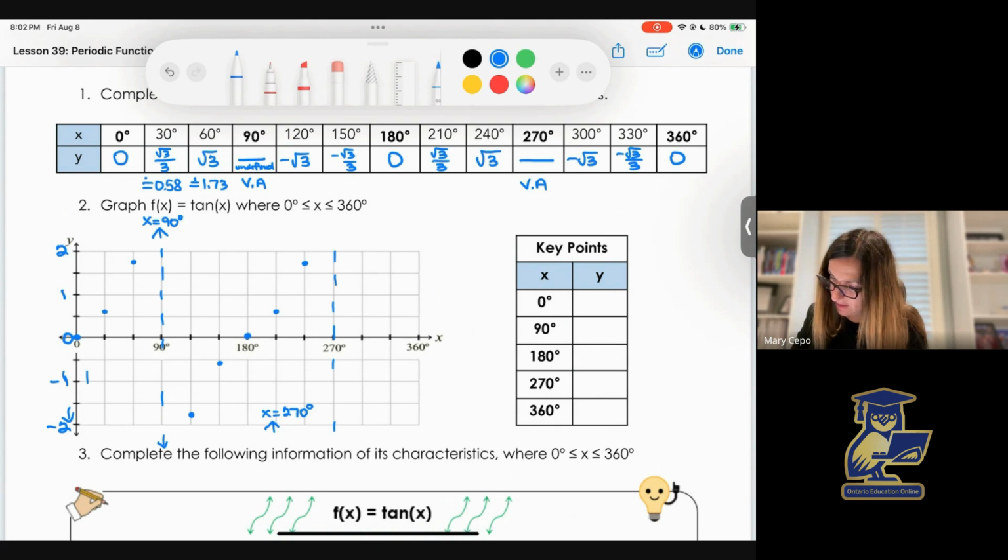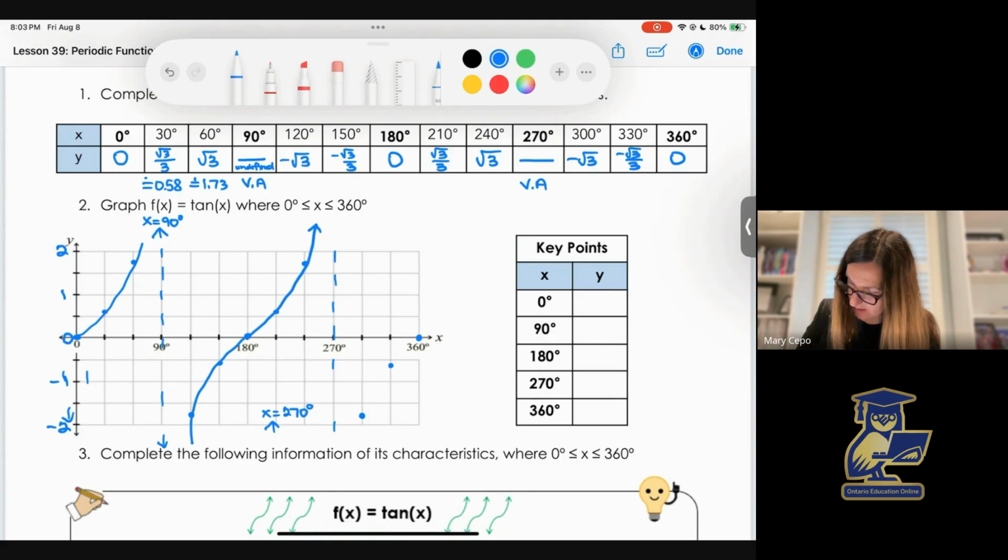Then we're back down at negative 1.73, negative 0.58, and then back at 0. So it would look like such. So very different. This is f of x is equal to tan of x.